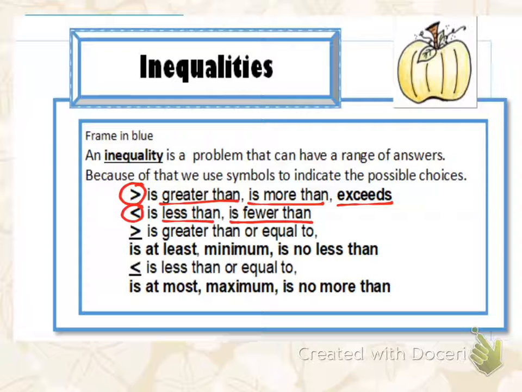Because the next two, how many people have seen or used this symbol before? How many people are familiar with that symbol? Okay, so a few of you are. Like I said, my experience is that most of y'all have not seen that before. And all it is is a combination of two symbols. This symbol is this one, which is called what?